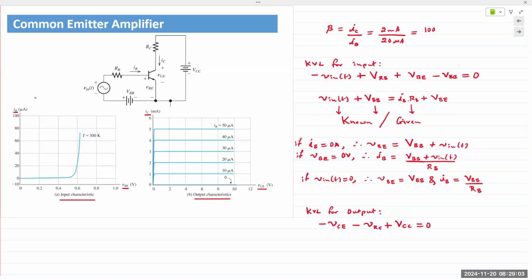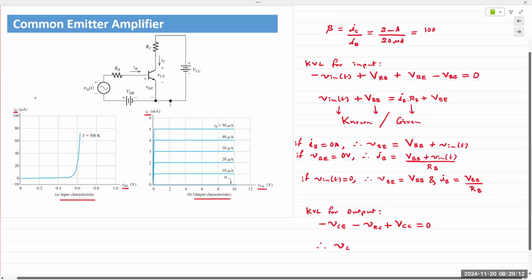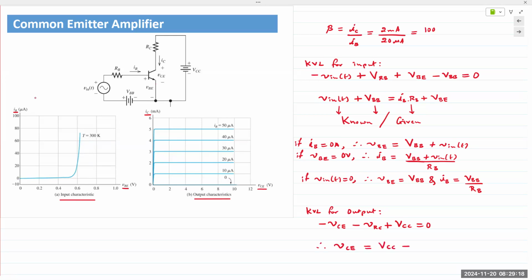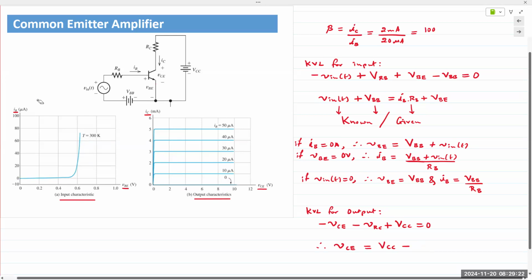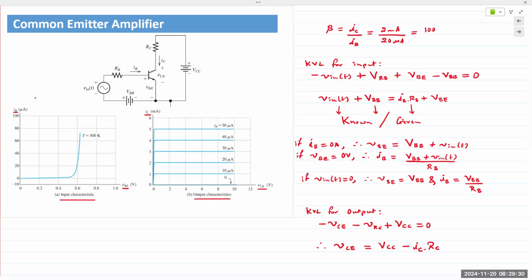And so if I want to obtain an equation for VCE, I rearrange the terms, and VCE is VCC minus the ICRC drop, the voltage drop across the collector resistor.